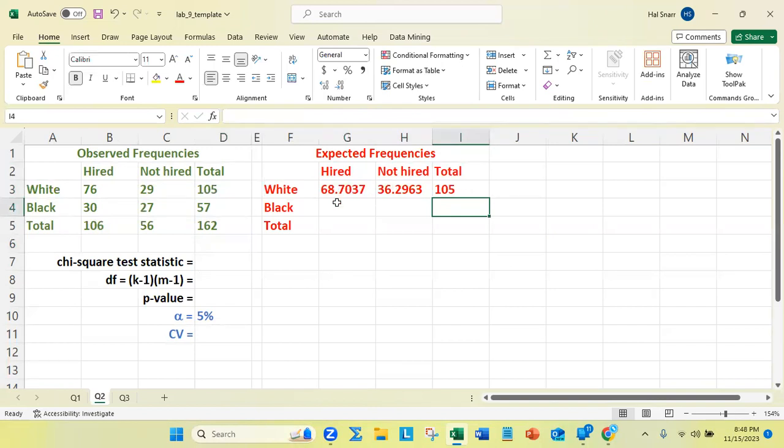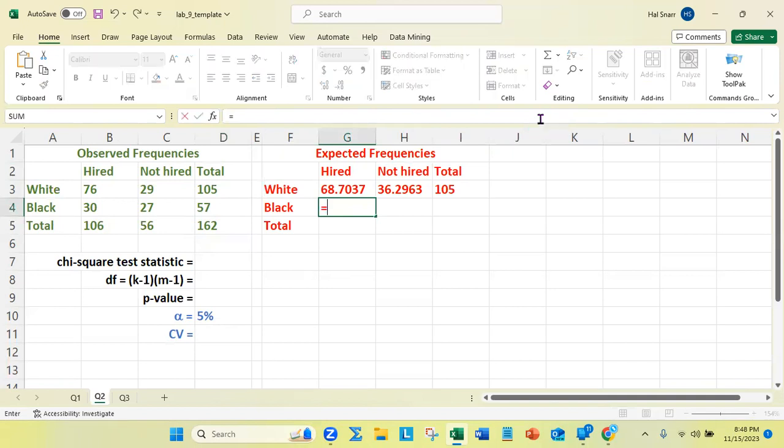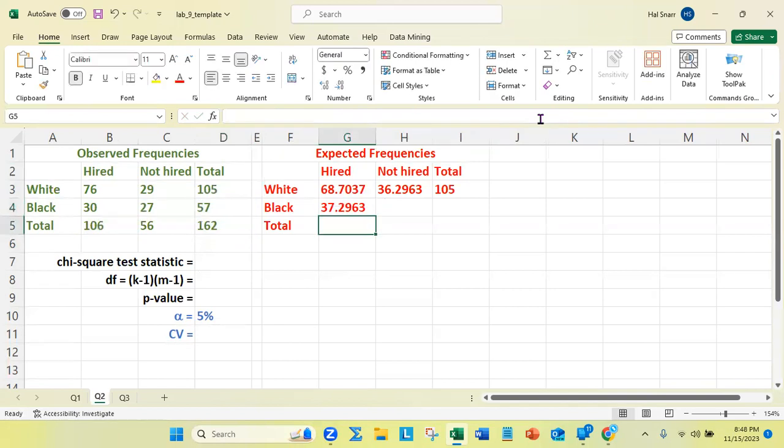Okay. Now the expected number of hired and Black applicants is the total number of Black applicants times the total number of hired applicants divided by the overall total. And that equals something close to 30, right? Not exact, but close.